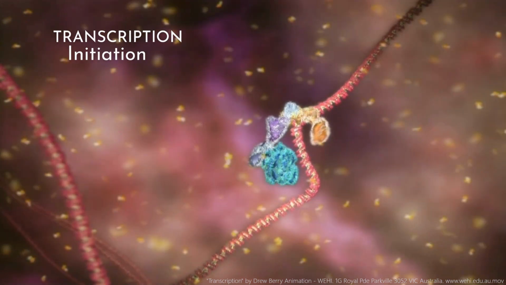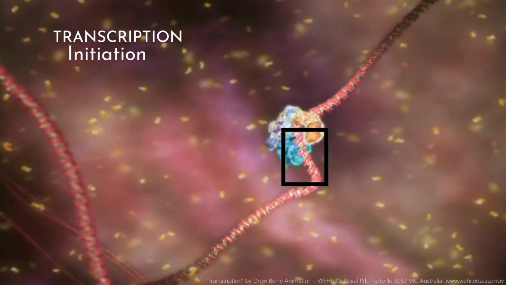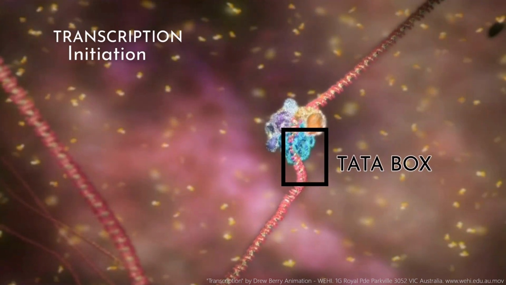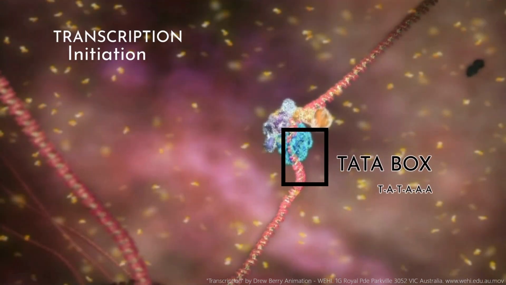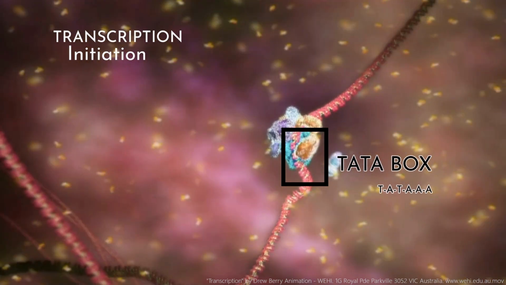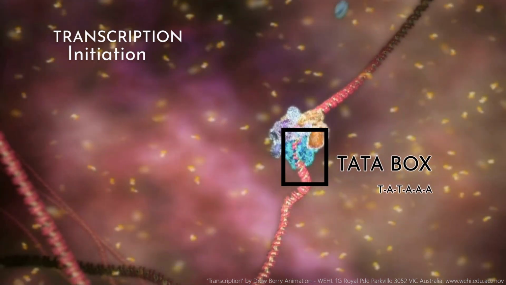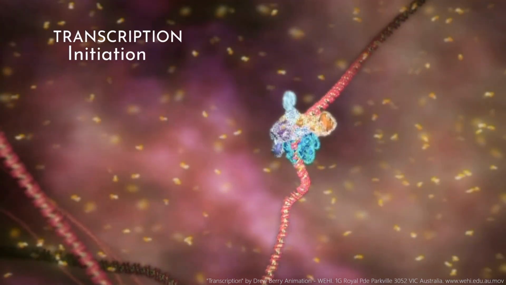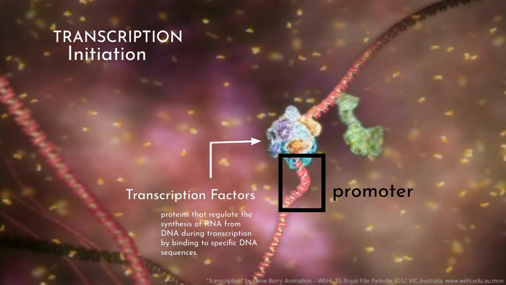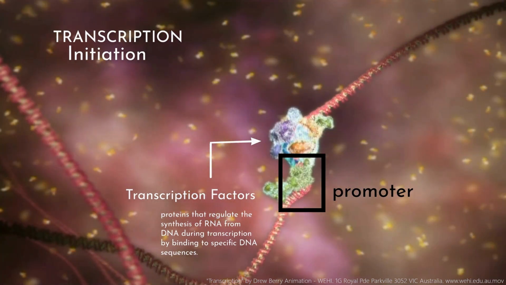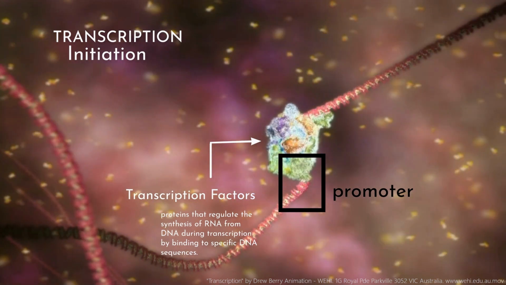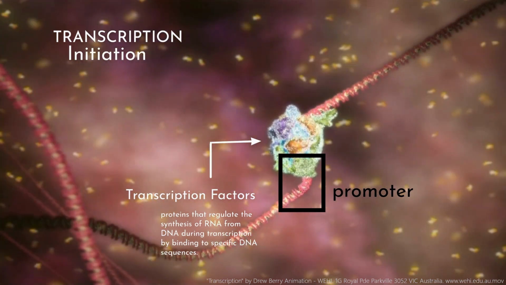In eukaryotes, promoters are a sequence of DNA that include a sequence called a TATA box, which reads TATAAA, right? Thymines and adenines, along the coding strand of DNA, and is easily recognized and bound to by transcription factors. This promoter/TATA box is found just upstream of the gene in the DNA sequence that we want to transcribe.